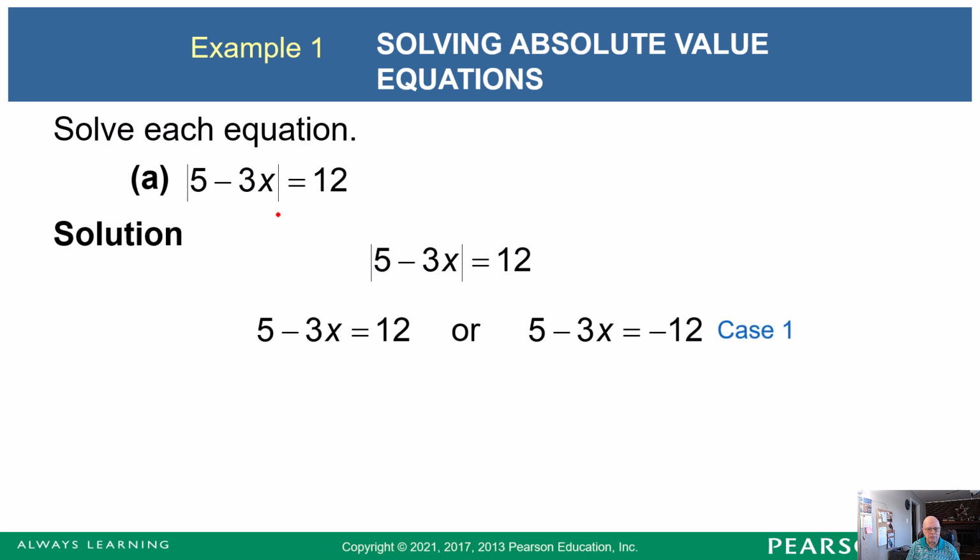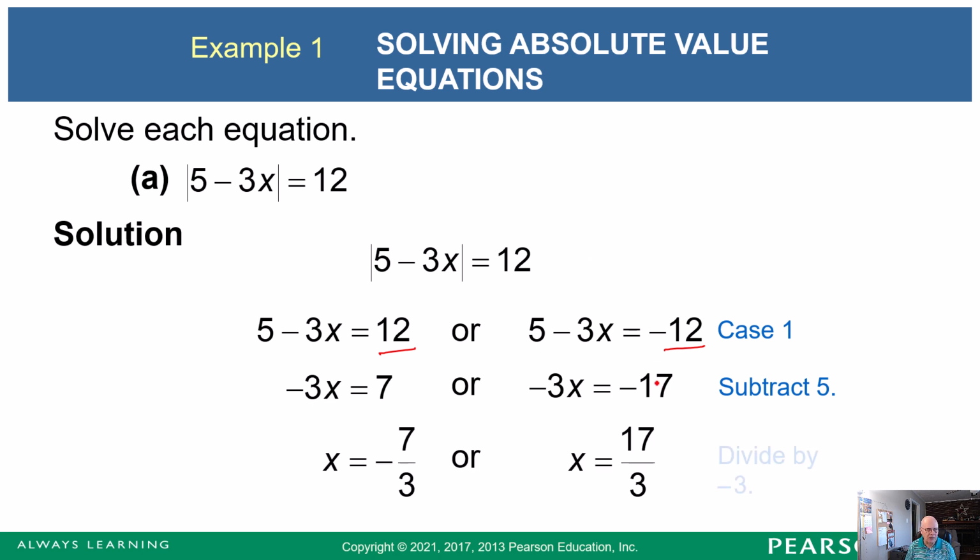So we'll write down both of them, because this number in here might have been 12, or it might have been negative 12, and then solve each equation. There's the left-hand side, just subtract 5 from both sides. On the other one, subtract 5 from both sides. It looks a little bit different, but you're doing the same process, subtracting 5. Divide by 3 in both of them, negative 3 in both of them, and there are your two solutions.